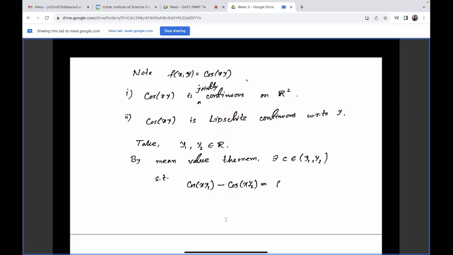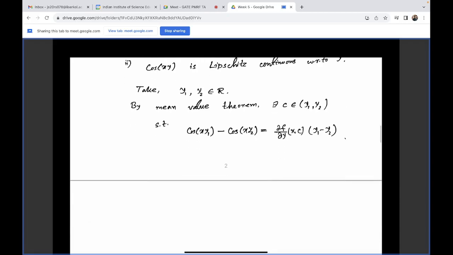So let me write del f by del y, where f(x,y) is cos(xy), with respect to y at the point (x,c), times (y1 minus y2).